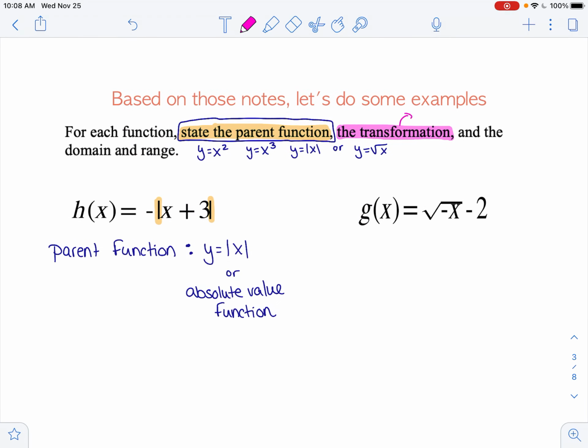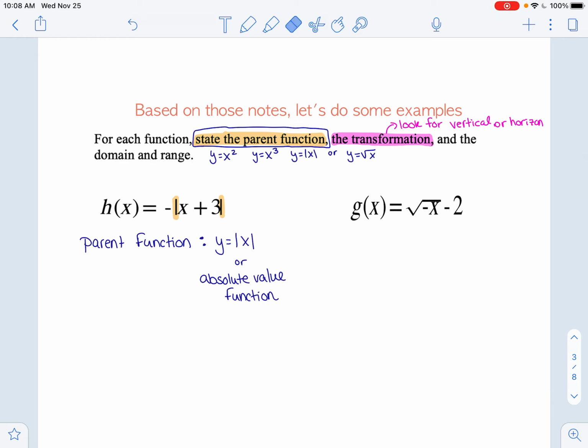So look for vertical or horizontal shift, or reflection.